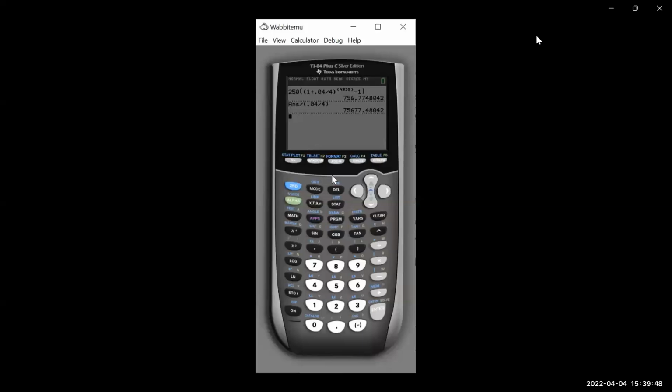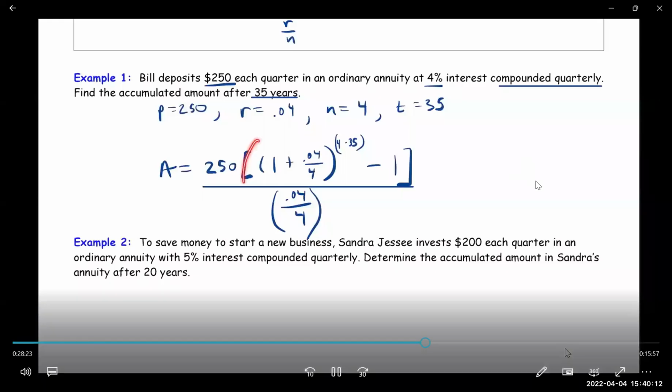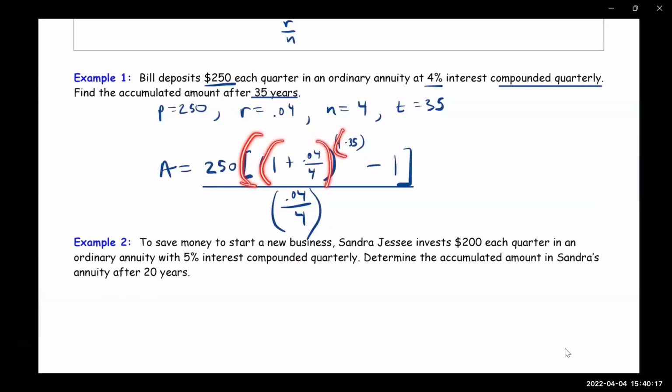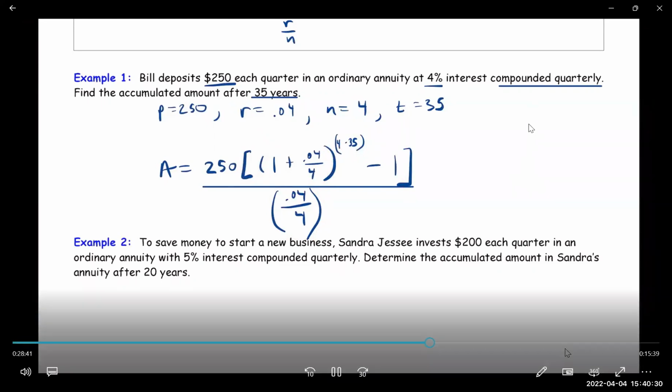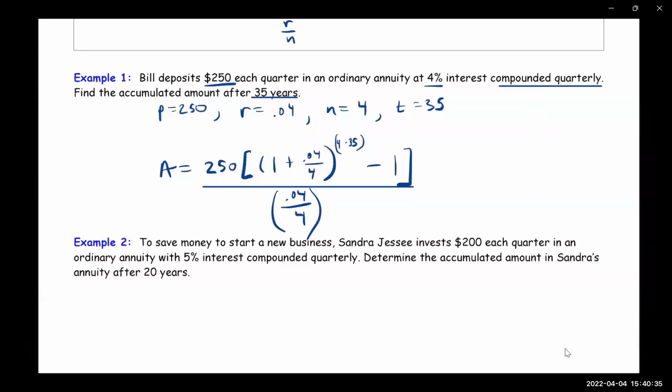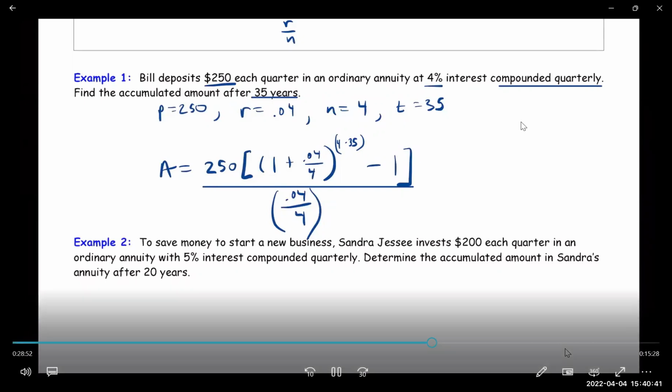All right, so you just have to be comfortable with your own calculators. Let's look at the next one. Yeah, I have to write this down. I literally have to write arrow up so I can put the 4 times 35, and then arrow across, and then I'll put the minus 1, so I can remember to do that.